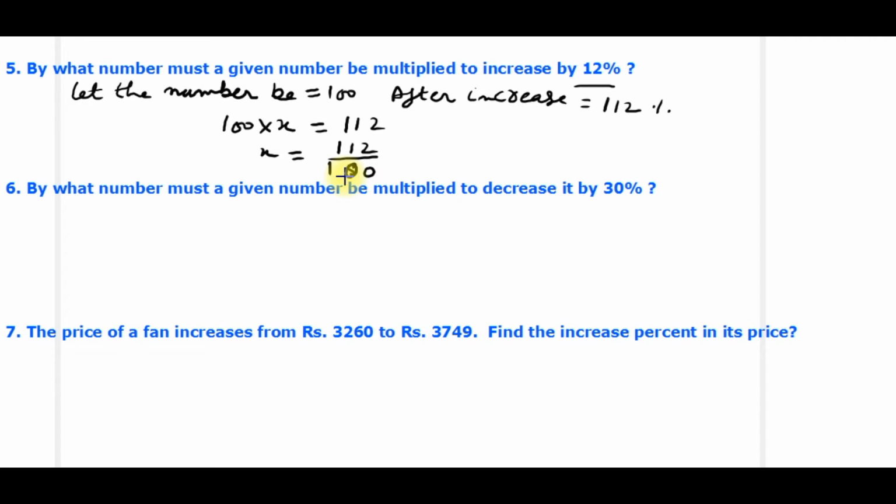So now we will reduce to lowest terms, 56 upon 50, 28 upon 25. So this would become 28 upon 25, no more.